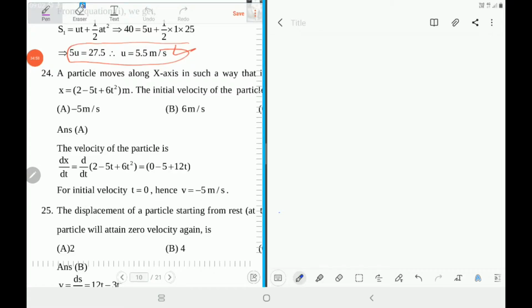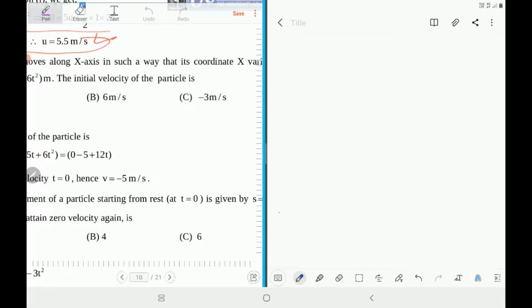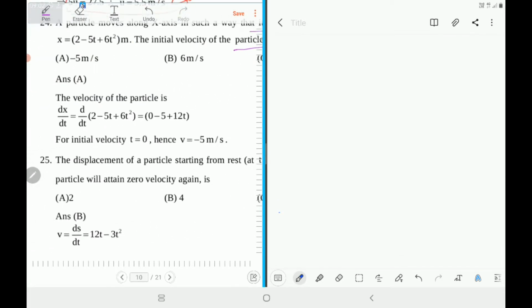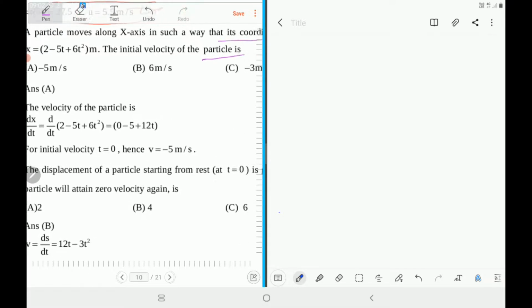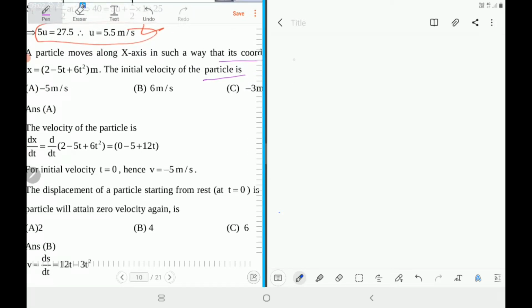Okay, children, let's see one more. A particle moves along x-axis in such a way that its coordinate x varies with time according to the equation x equals 2 minus 5t plus 6t square. The initial velocity of the particle is, he gives the value of x.